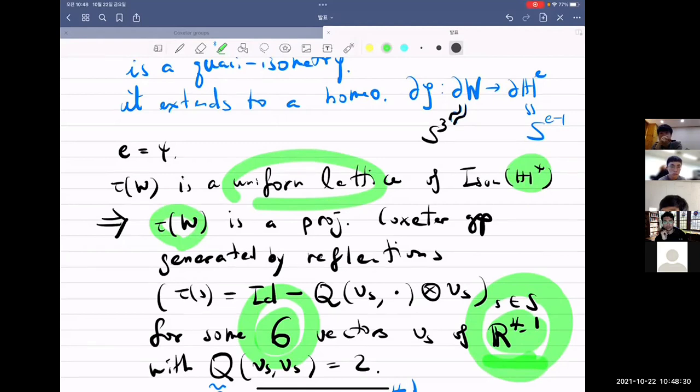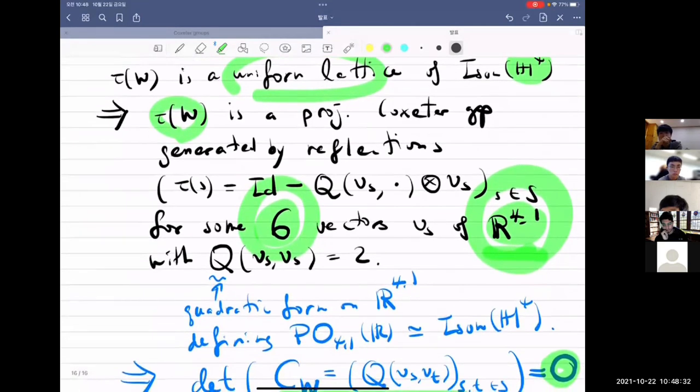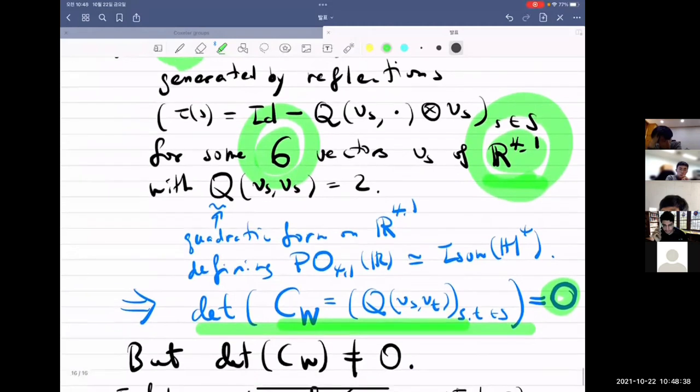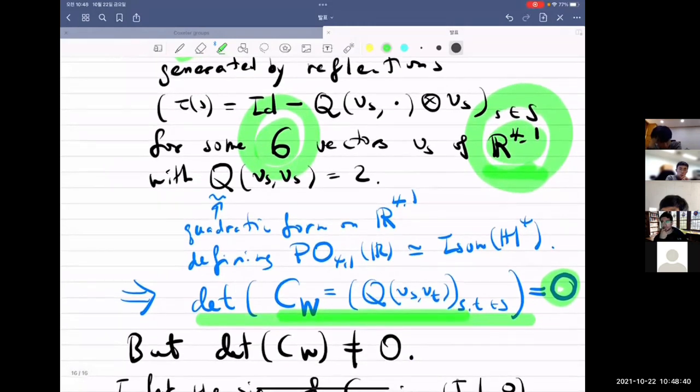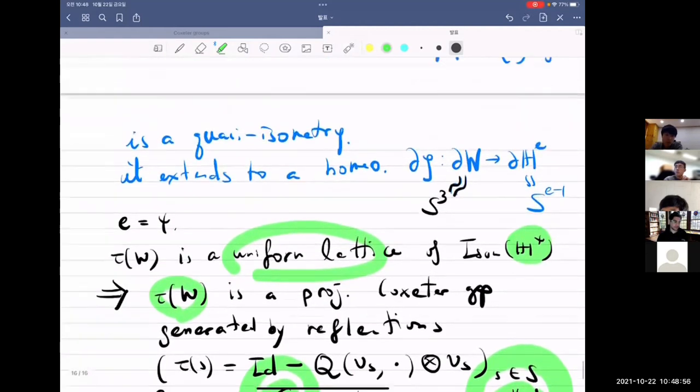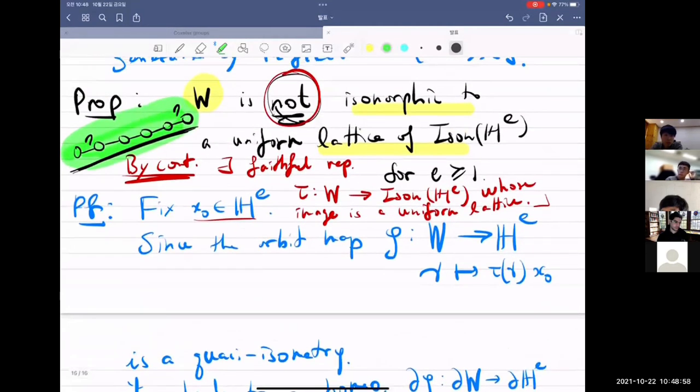The remaining part is kind of obvious because of the 6 vectors in R^{4,1}. If we take the determinant, it should be 0, but by the computation it is non-zero. This is a contradiction. In this way, we construct interesting Cauchy function representations from my favorite Coxeter group, this guy.